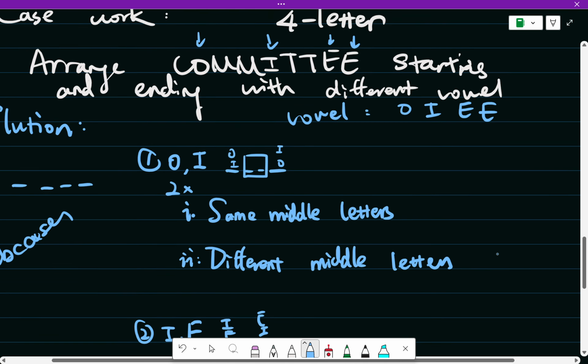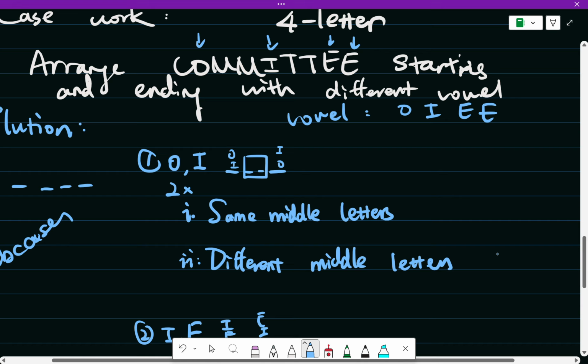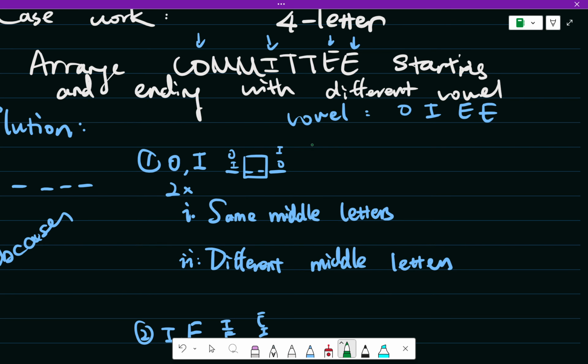Okay, so our word is again committee, and we have already used O and I. So the letters that are left, I will use green, are C, M, M, T, T, E, E. So if we use two same letters for the middle two positions, we only have three different cases, which are MM, TT, or EE, that are available in this small letter repository.